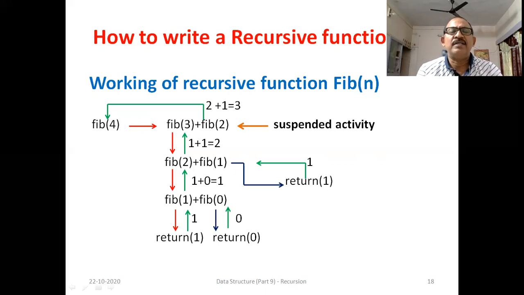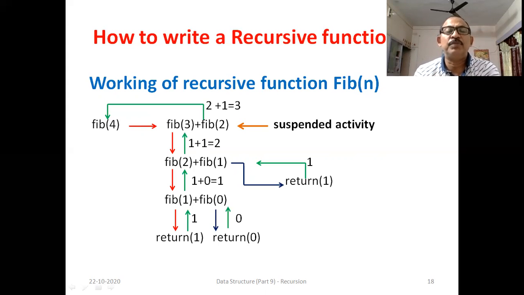At this time n is equal to 1. In this situation the function returns the value 1. Therefore fib(1) receives the value 1. Okay, next 1 plus. In the next step the system tries to solve the remaining sub-problems.